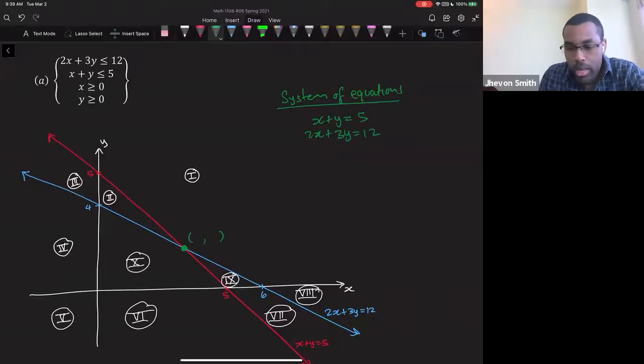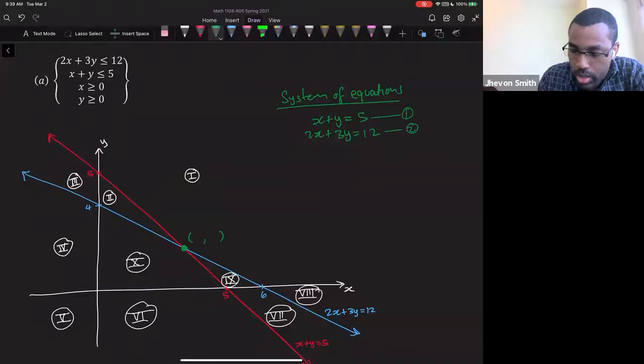Now, there are a couple ways you could do this. Yes, you could solve both for y, put it in y equals mx plus b form, set those equal to each other, solve for x and then go back and find y. That process is called substitution. Another nice way is called addition or elimination. Say that's equation 1 and equation 2.